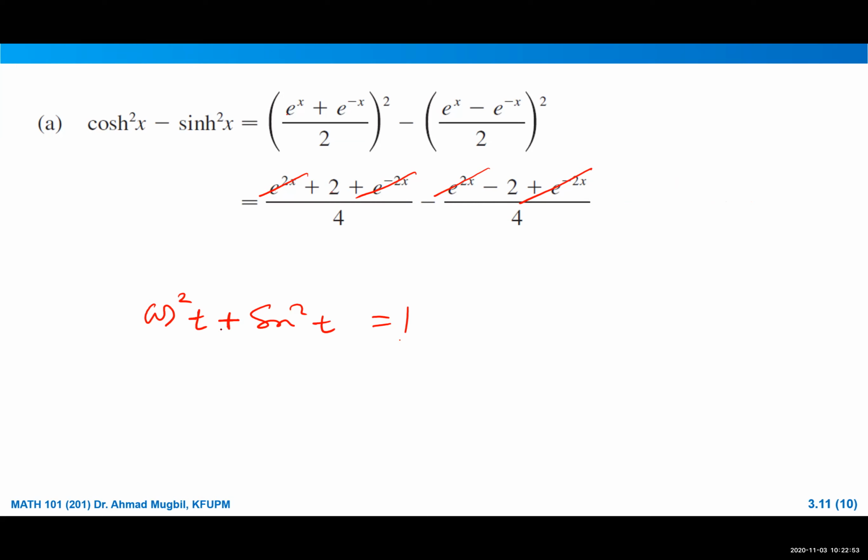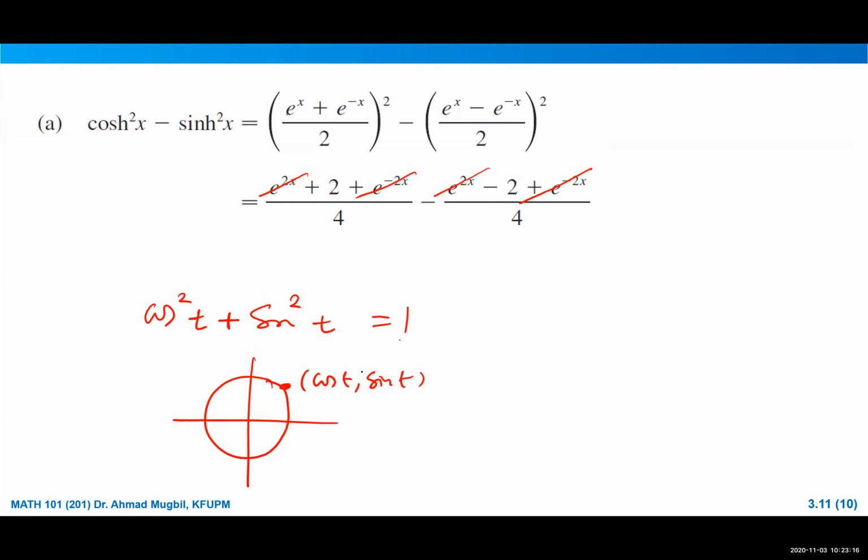They are called circular functions. Why do they call them circular? If you remember the unit circle, if you put a point here such that it will be cosine t and sine t.